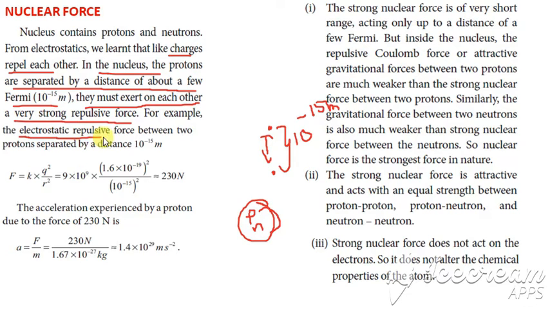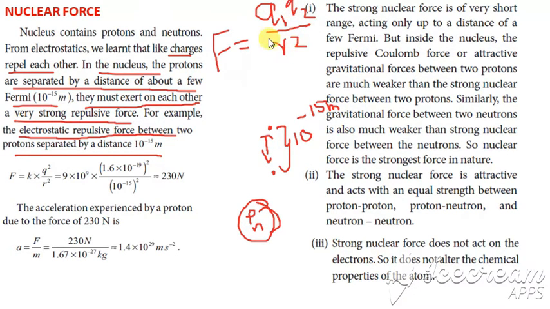For example, if you take the repulsive force between the protons separated by this distance, we already know the formula F is equal to 1 by 4 pi epsilon naught q1 q2 divided by r square, is it not? So instead of 1 by 4 pi epsilon naught we are writing k, and instead of q1 as well as q2 we are going to substitute the value q.